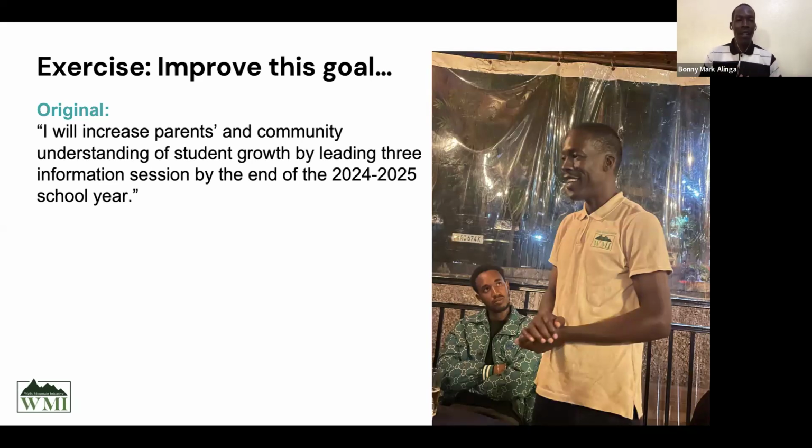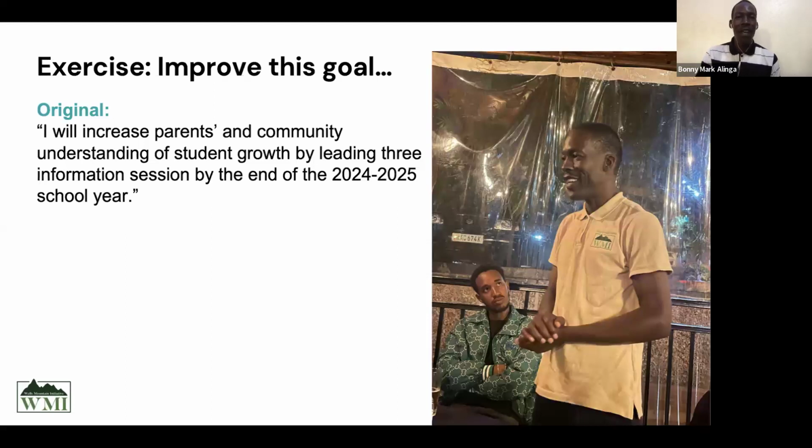I will increase parents and community understanding of students' growth by leading 3 information sessions by end of the 2024-2025 school year. I'm assuming this goal is not really realistic. It's not smart enough. So I want us to improve on this goal, and I'm giving you a few minutes to think about how you can realign it to make it SMART.